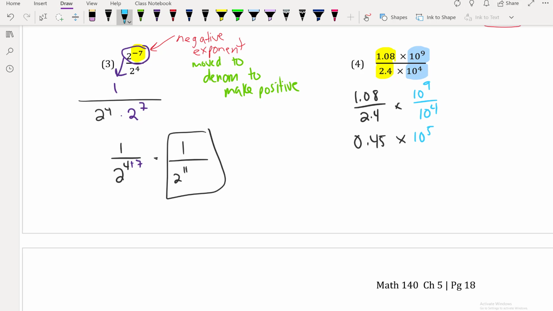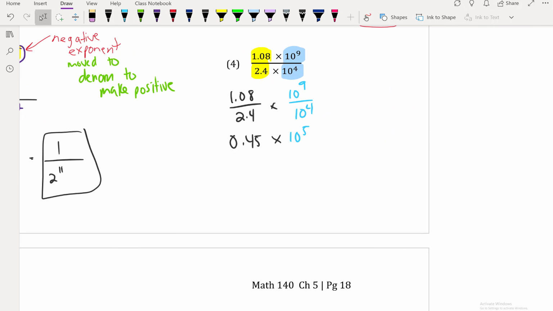But you have to be careful. The reason you have to be careful is because in scientific notation, you always want it so that number is greater than or equal to 1, but strictly less than 10.